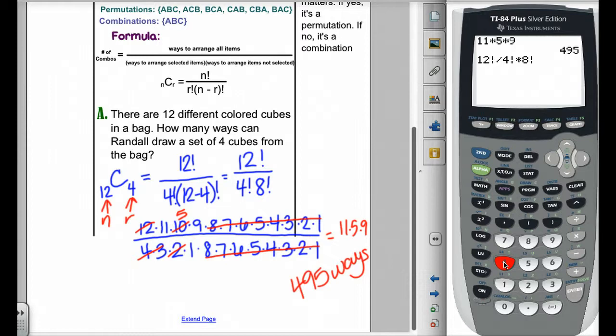The one thing we need to make sure we do is go back in here. The nice part is, if you hit second delete, it'll insert, and we need to put a parenthesis in, and it doesn't delete everything you already have. We put the parentheses in, hit enter, and we still get 495.